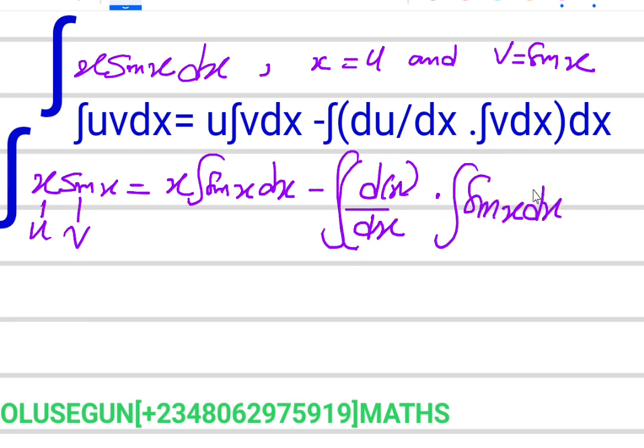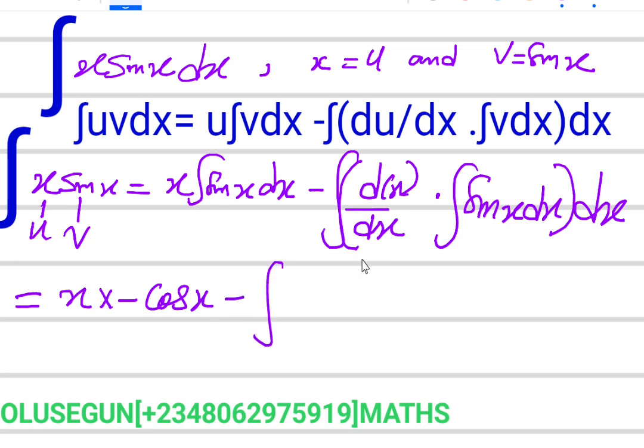You open a bracket here and close it. So which will give us x times minus cos x minus integral. When you differentiate x with respect to x, you have 1 to multiply minus cos x dx.